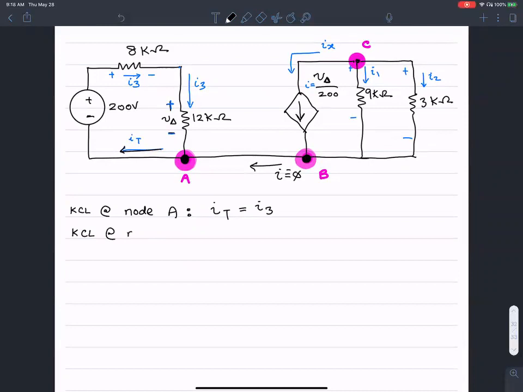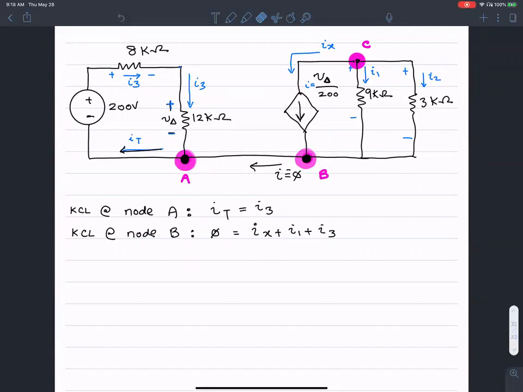KCL at node B: the current leaving is I0, which is 0, and that equals the sum of the currents entering the node, Ix plus I1 plus I2. Once I make the simplification that the current flowing into that single lone wire is 0, the rest of the circuit is pretty straightforward.